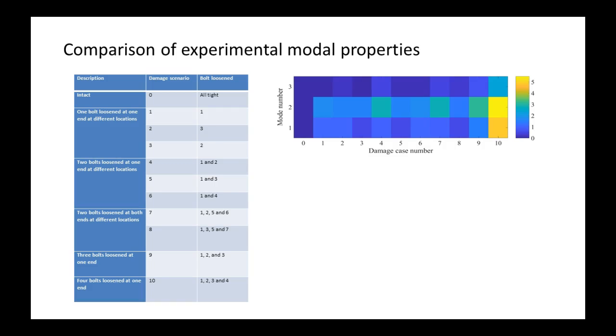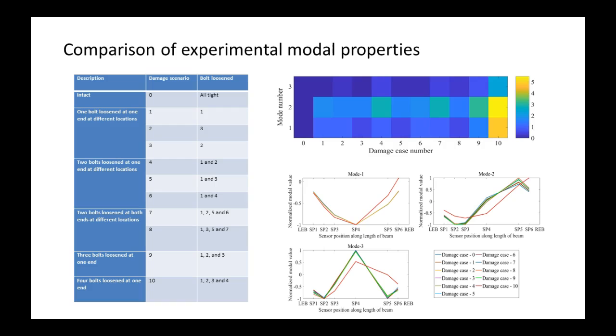And if you see the change in frequency, you can only capture around 4 to 5% change for damage case 10, when all the 4 bolts have been loosened. For all other 9 cases, the change in frequency is less than 2%, or maybe for the 9th case it is around 3%, but for the other 8 cases it is less than 2%. When the change is less than 2%, it is very difficult to identify the damage using the modal properties.